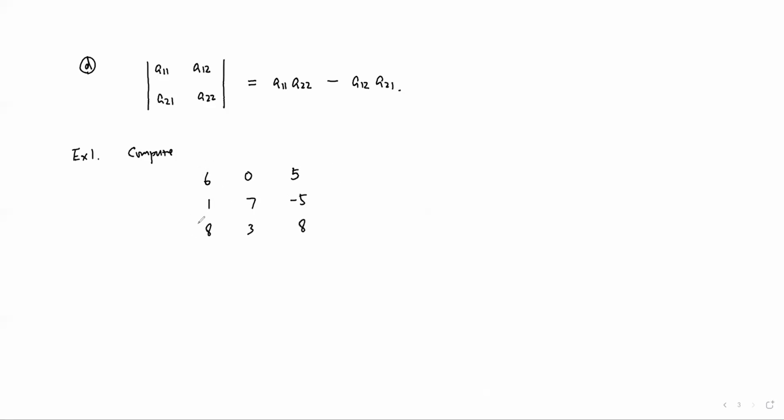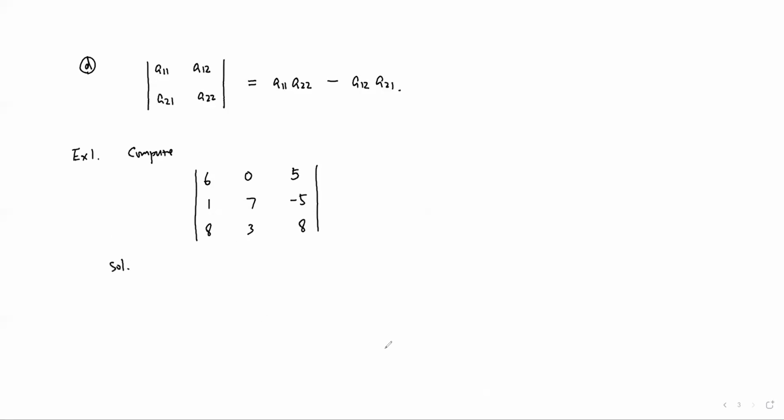Now I use vertical lines on both sides. Vertical lines is determinant. Square brackets, matrix. Now compute this 3 by 3 determinant.